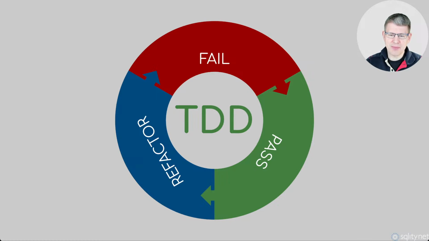So the first step always is to write the test and see that the test is failing. That is a very important part. And a benefit that you lose if you do unit testing after the fact, you see that your test can fail and that it fails for the right reason. The next step is then to just write enough of your method, of the module you're testing, to make this test pass.